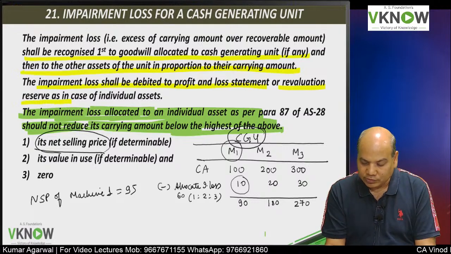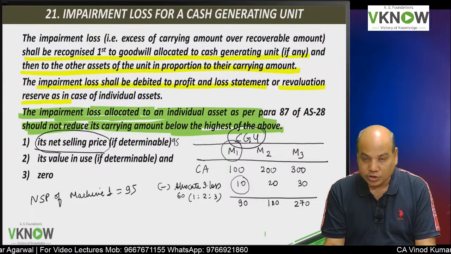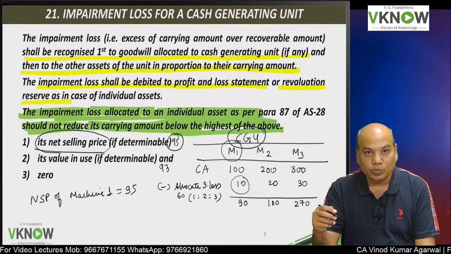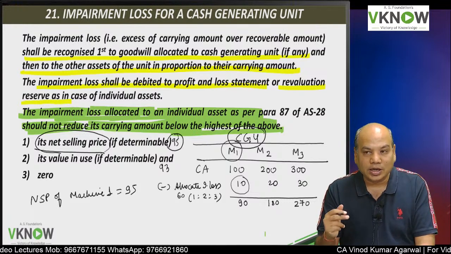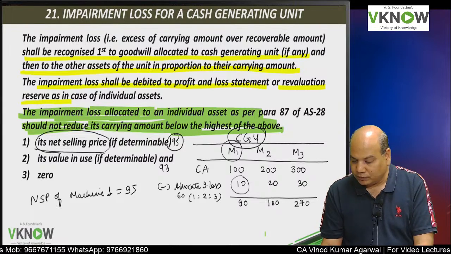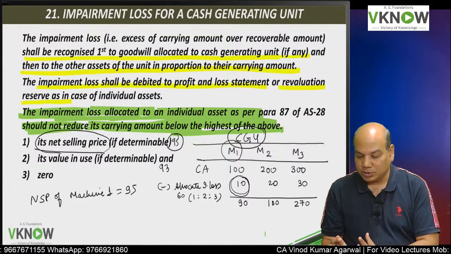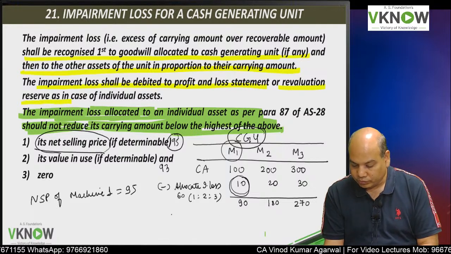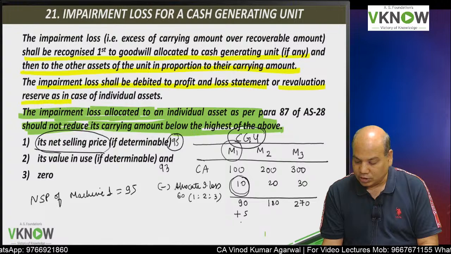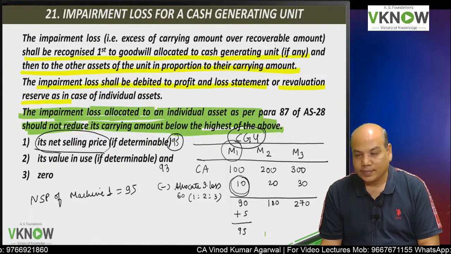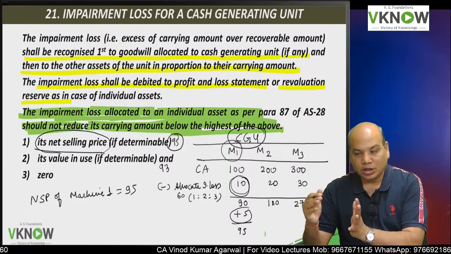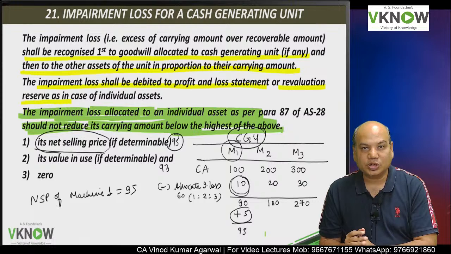Suppose net selling price is 95, and its value in use, if determinable, is 93, and 0. So it can't go below 95. Machine 1's carrying amount after impairment loss cannot go below 95. But after you allocated 10, it has become 90. So what do I have to do? I have to add back 5, because I want it to be 95. And this 5 can be allocated to machine 2 and machine 3.